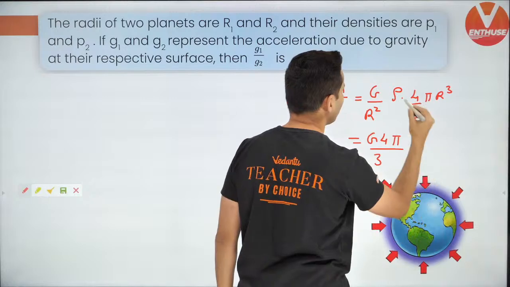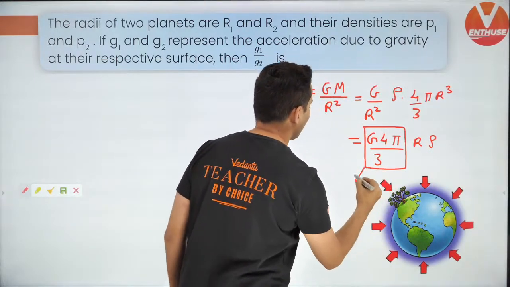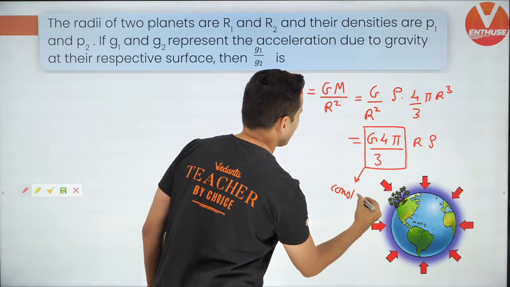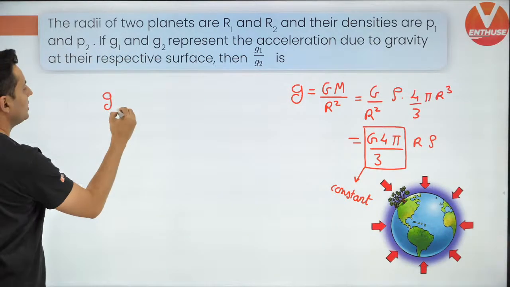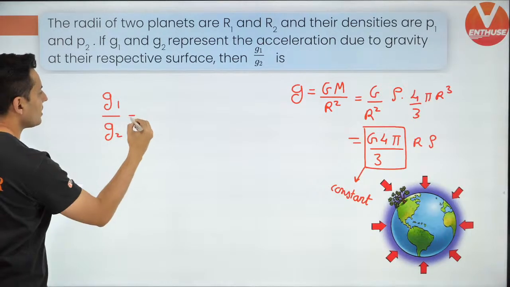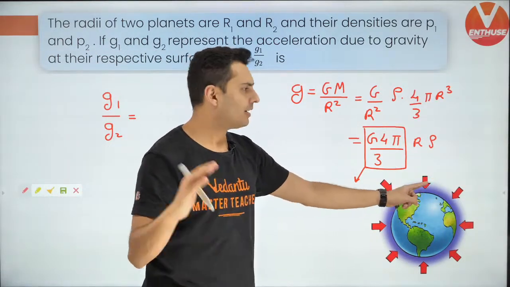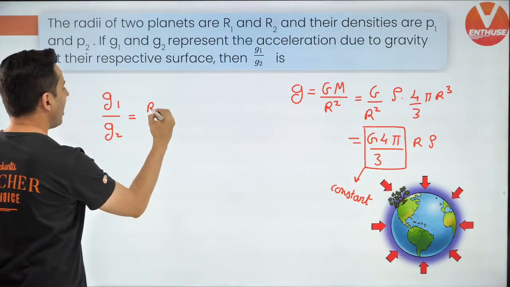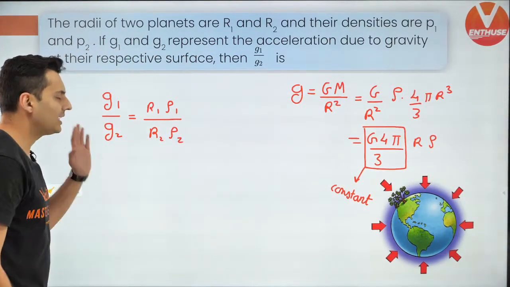Only one r will remain, and that rho will also remain. And these terms are nothing but constants. This is nothing but a constant. Now this makes it very clear what should G1 by G2 be equal to. If I take the ratio of two planets of different radii, different densities, it should be R1 ρ1 divided by R2 ρ2. That's the answer.